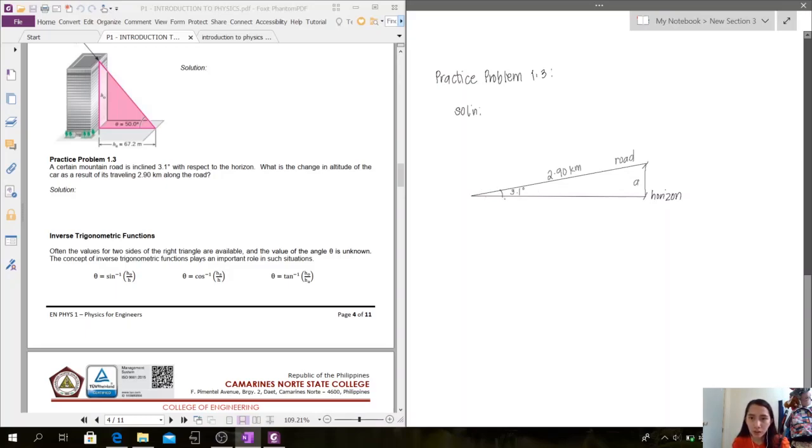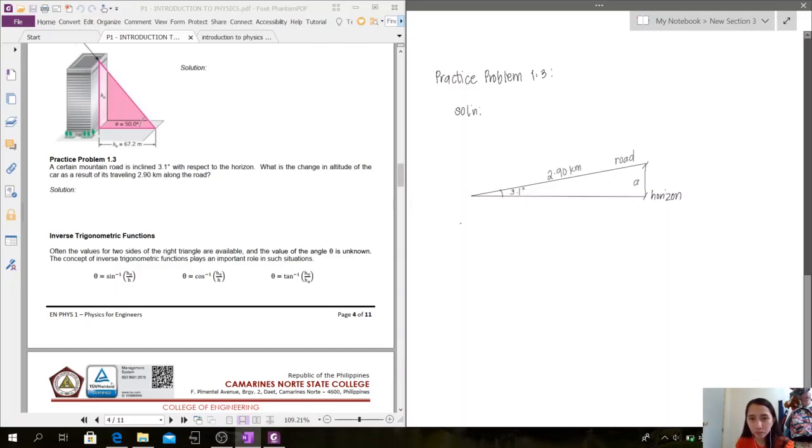So merong tayong known length na 2.90 kilometers, that is equal to the length of the hypotenuse. While ang given angle is nandito, 3.1 degrees. And ang pinapahanap sa atin is yung altitude A. So, si altitude A, that is the opposite side with respect to the angle here.